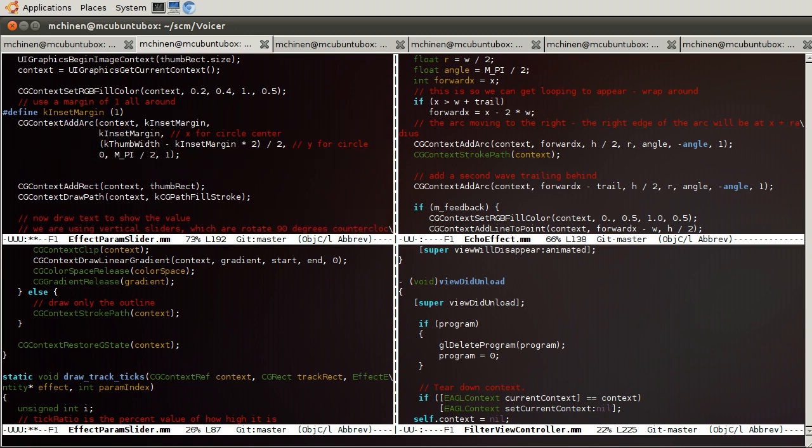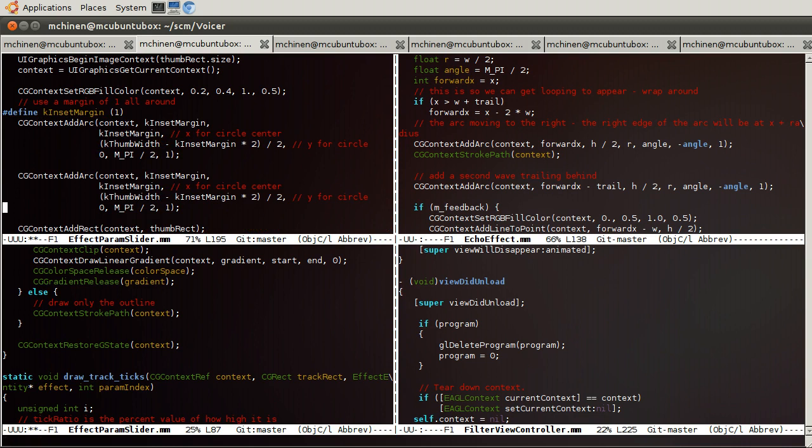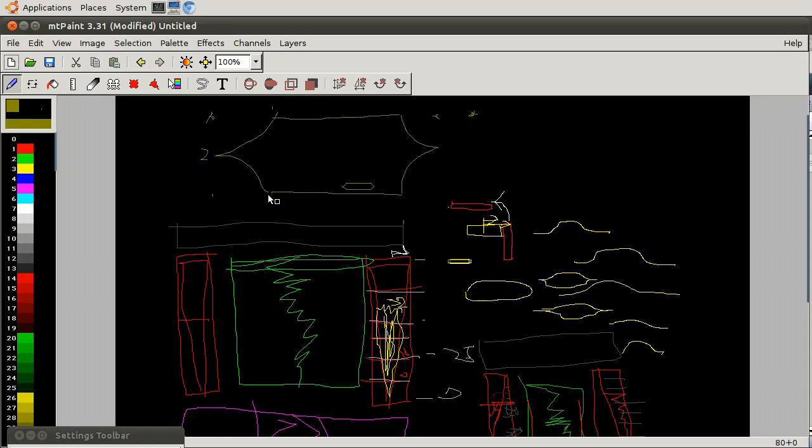Probably 0 is fine, since we have the clockwise indicator. Yeah, 2 pi makes sense. Right, so that gets us to here.